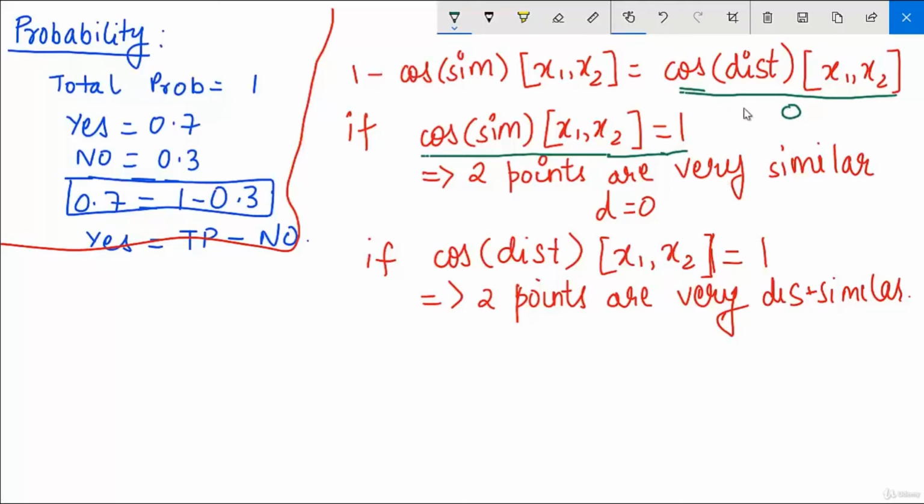So distance is 0, it means it is coinciding, a point, so the similarity is 100%. Similarly, if I put the similarity as 0, then the distance will be 1, and they are very dissimilar. I hope you are getting it now, right?